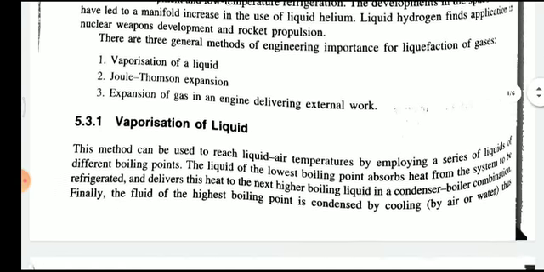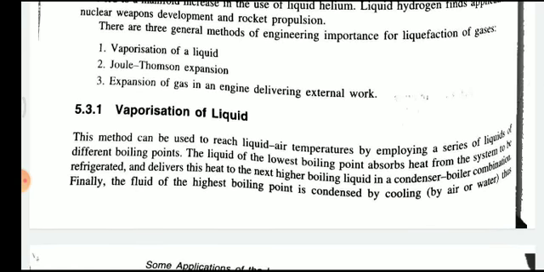First, vaporization of liquid, where vaporizing leads to liquefaction. Then Joule-Thomson expansion. So the other important method is Joule-Thomson expansion. Third is the expansion of gas in an engine delivering external work.